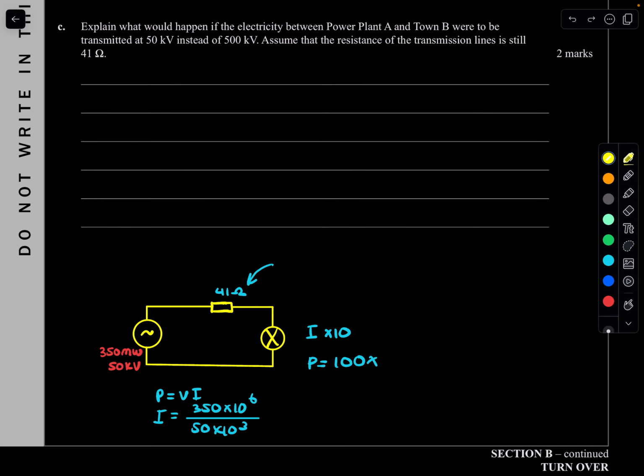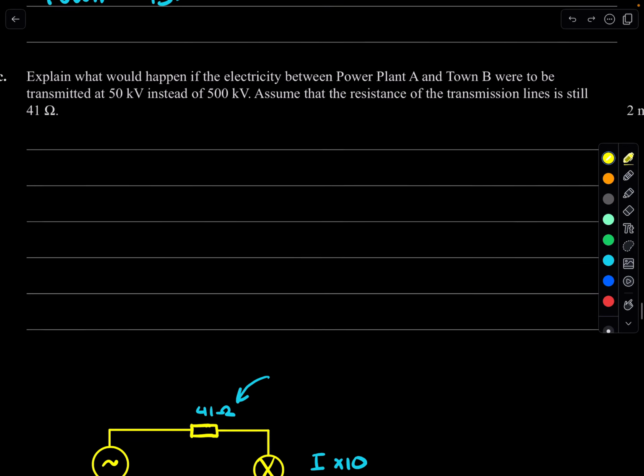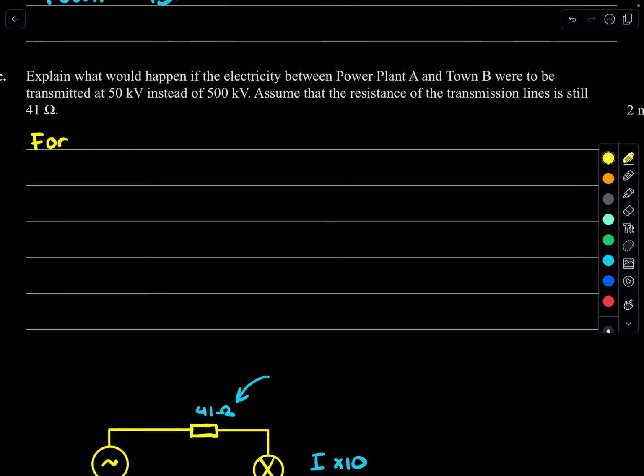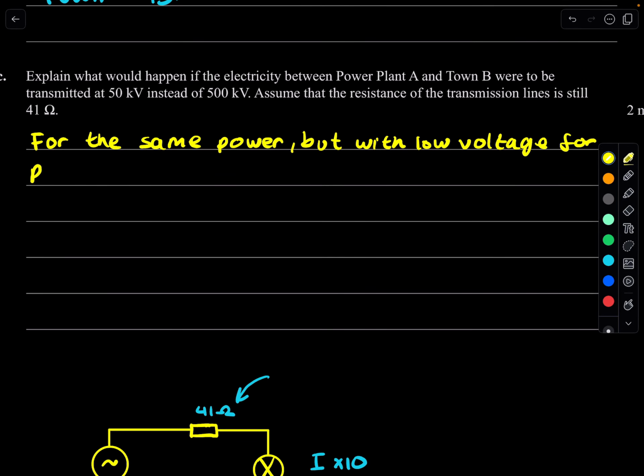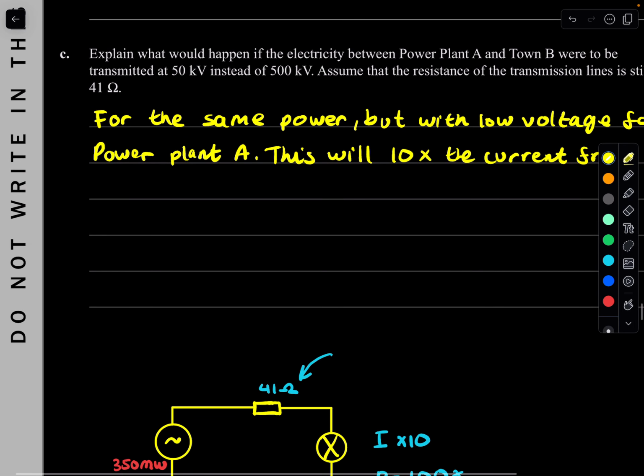Yeah, so that's a nice diagram to help us. All right, so let's say for the same power, but with low voltage for power plant A, this will make 10 times the current, from basically 700 to 7,000 amps.